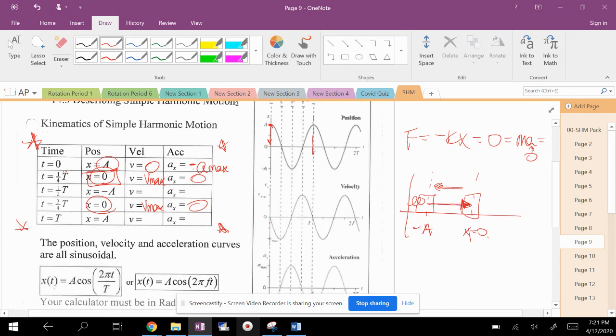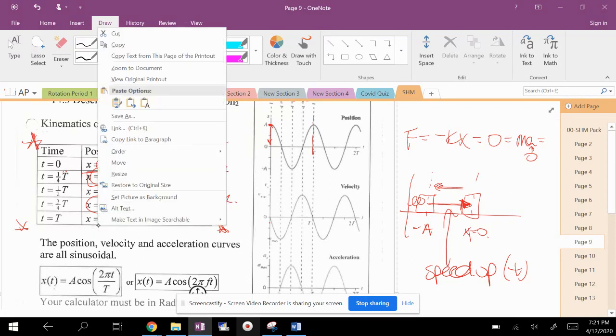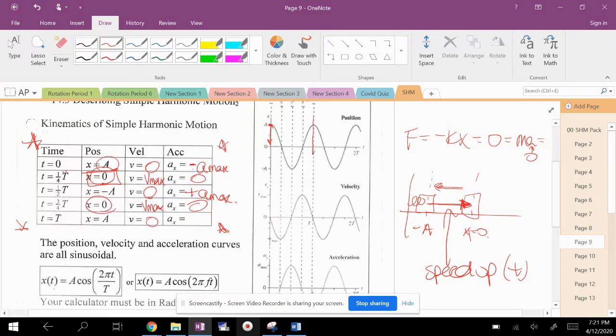So it's going to speed up in the positive direction, which we know is a positive acceleration. This, by the way, is 0. At amplitude, velocity is 0. And this would be, again, negative A max, because then I'm going to start repeating.